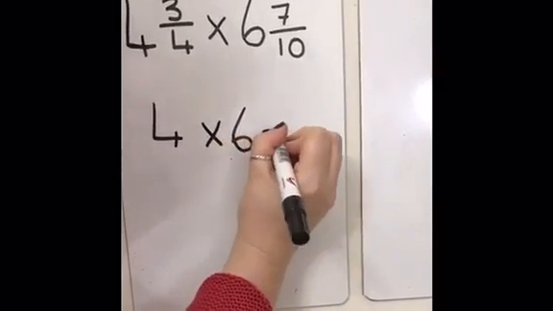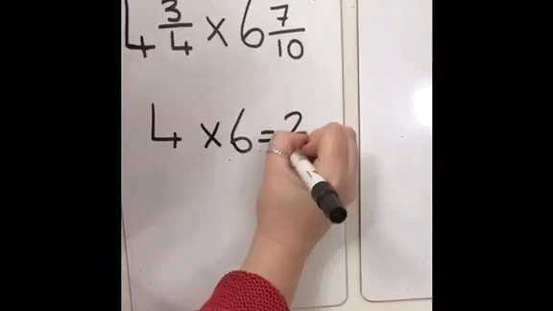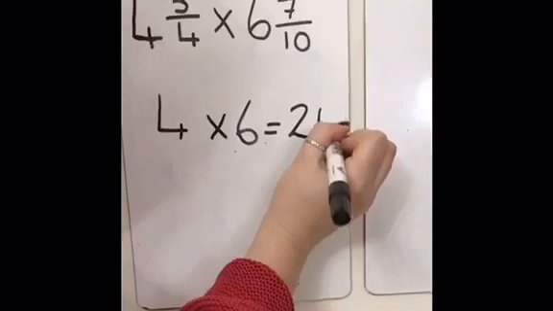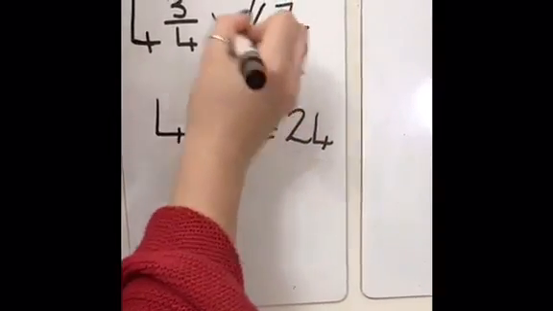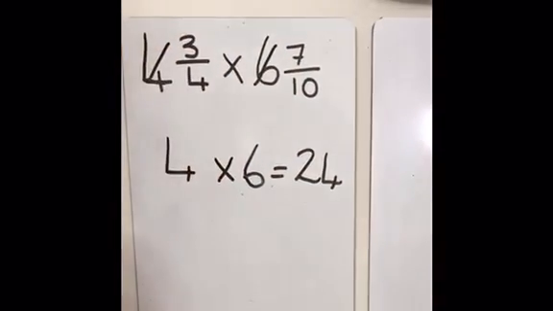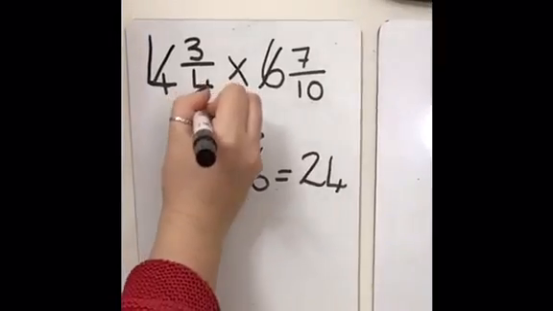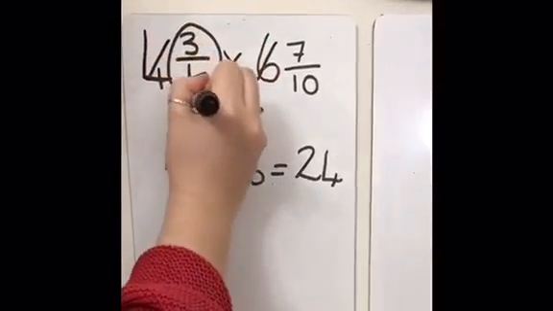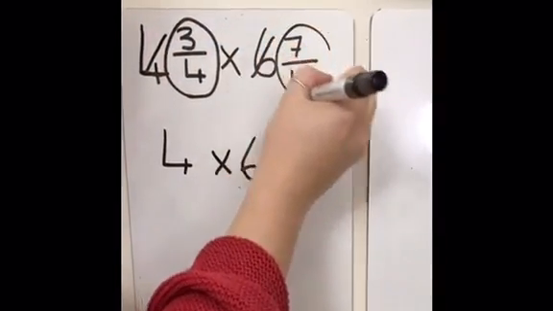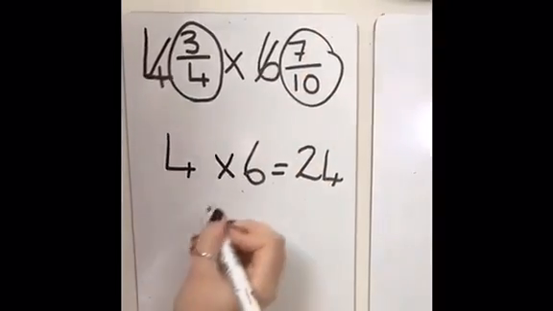So 4 times 6 is 24. I'm then going to cross that out of my calculation because I've done that part. I now need to take both my fractions and multiply them together. So I've got 3/4 and 7/10.